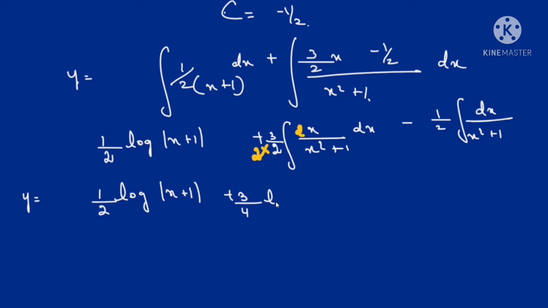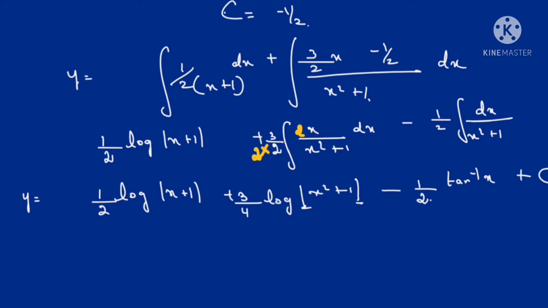You need not put the modulus, since x square is positive and plus 1 is positive. Minus 1 by 2, what is the integration of this? Tan inverse x, plus the constant c.